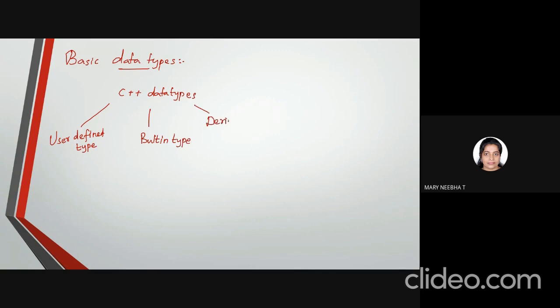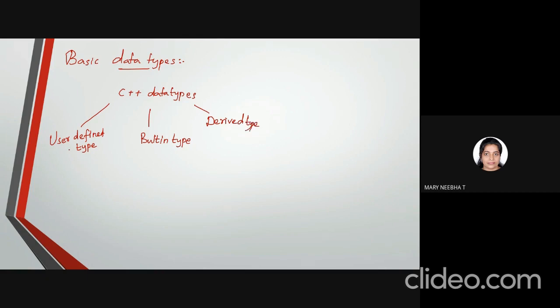Data type means the type of the variables. For example, in the previous program we used int v1. What is the type of variable v1 here? Integer. Similarly, you have different data types.